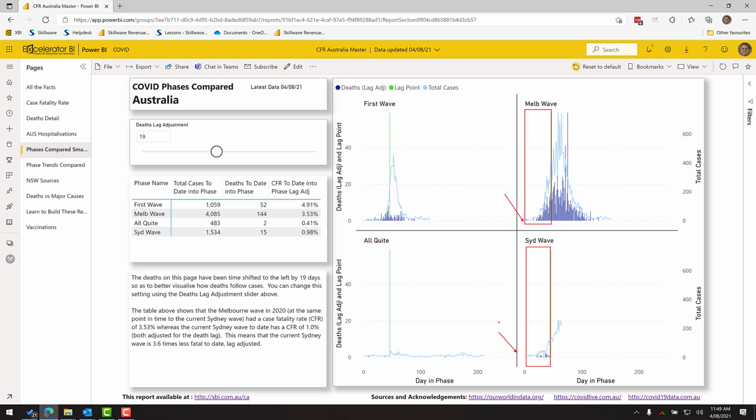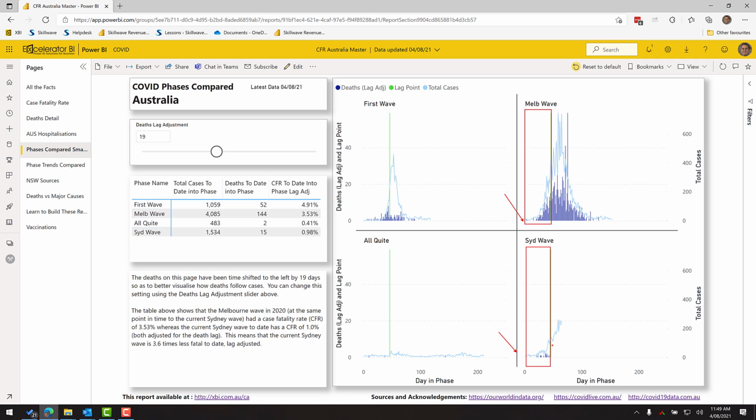And the starting point happens to be the point in which the 10th case was identified, right? So I basically ignored the data until there were 10 cases. Once that 10 cases occurred, then I started the phase analysis basically. And it's clear, two things are clear. Firstly, the number of cases is significantly less in Sydney.